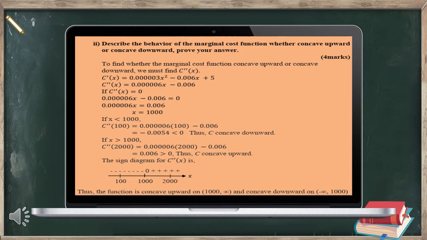So we get the equation for the second derivative of the cost function, 0.0006x minus 0.006. Now set it equal to 0.